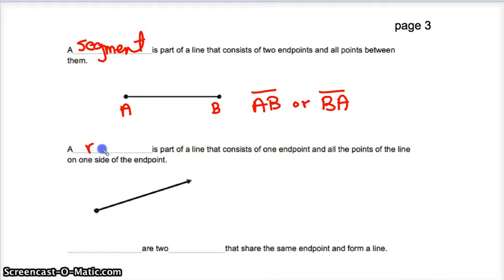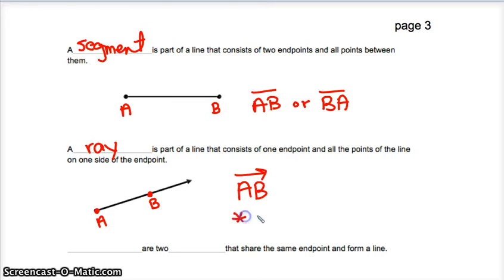Next, we've got a ray. A ray is a part of a line that consists of 1 endpoint and all of the points on the line on one side of that endpoint. So a ray has that point and then goes on forever and ever in just one direction. Now, notationally, if this is point A, I also need another point on the ray, and we'll say that's point B. So the ray is labeled with the endpoint coming first.